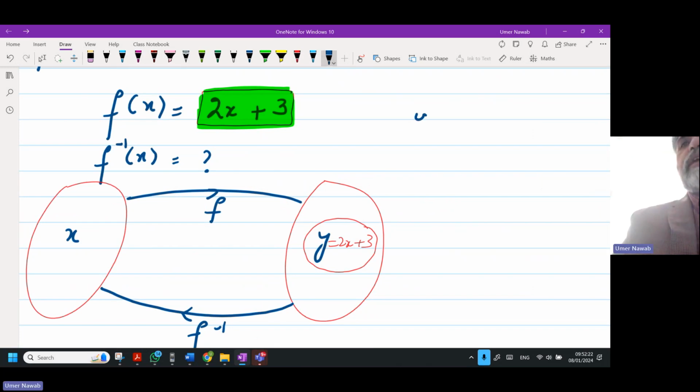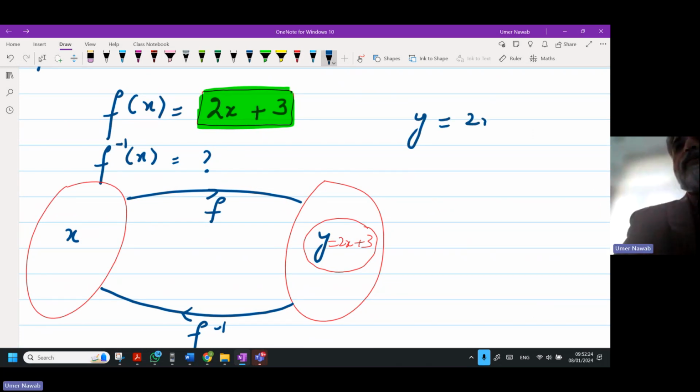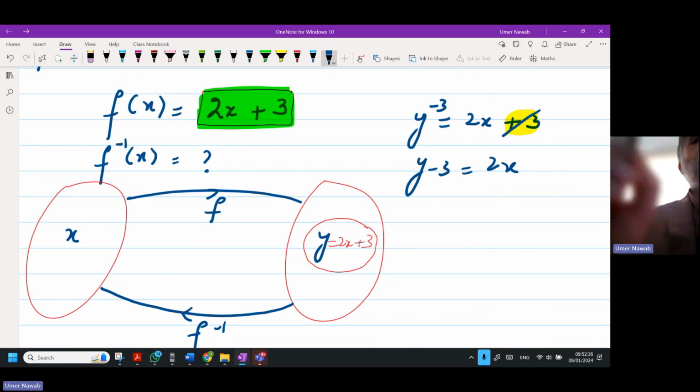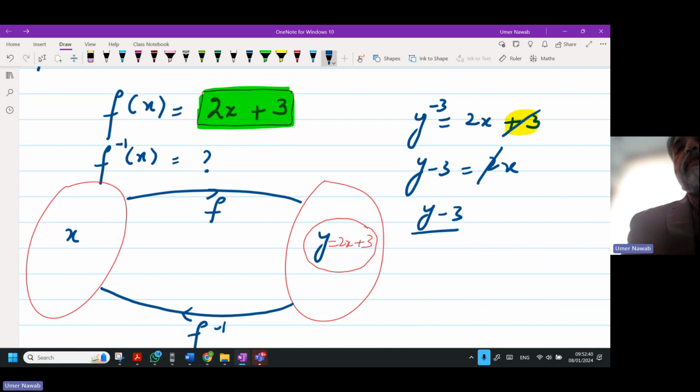I write y is equal to 2x plus 3. Now send the plus 3 to the other side and it becomes -3. So y minus 3 is equal to 2x. Now 2 is multiplied, so on the other side it is divided. So it is y minus 3 over 2.